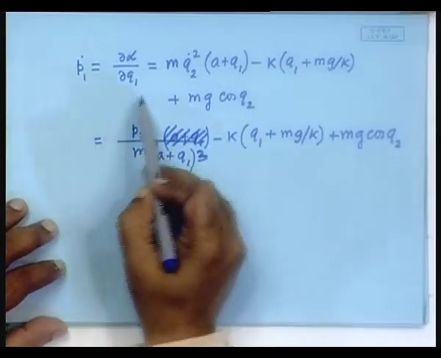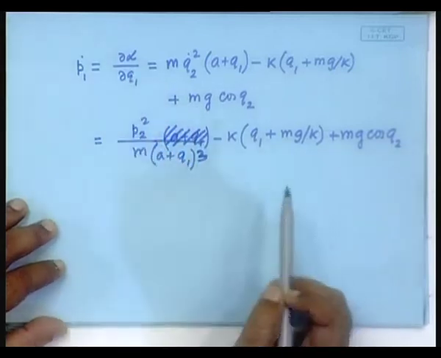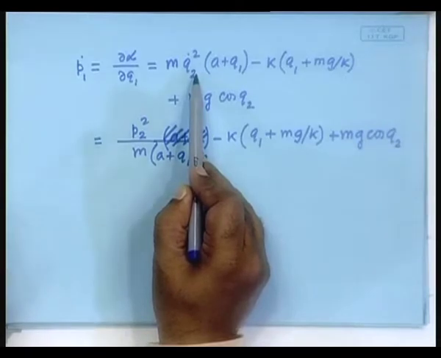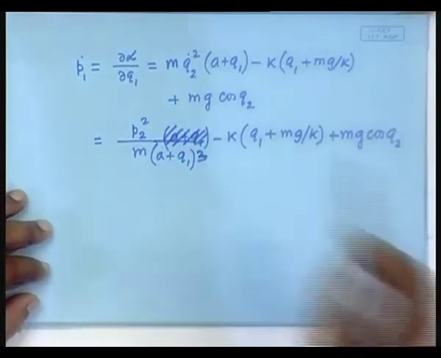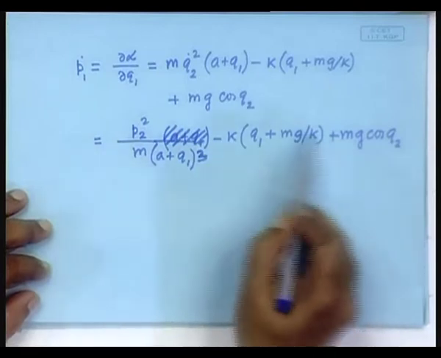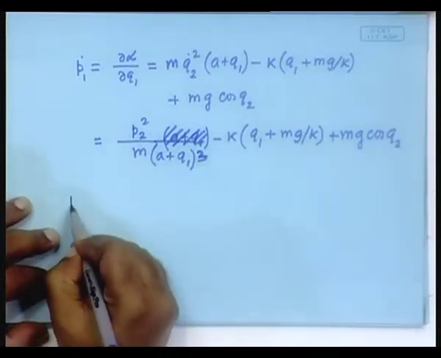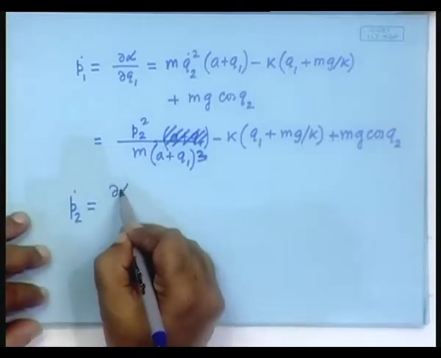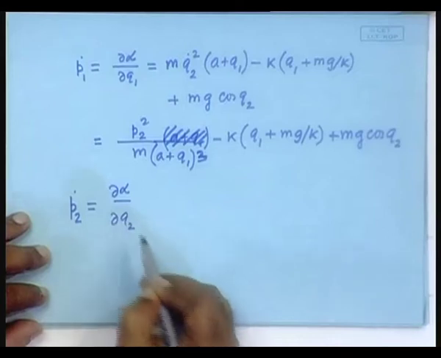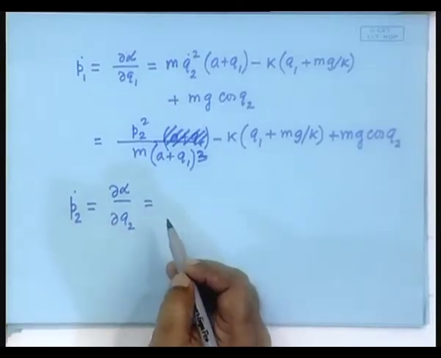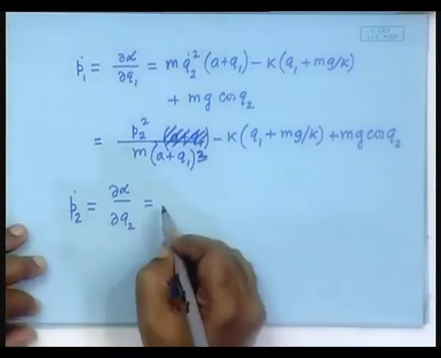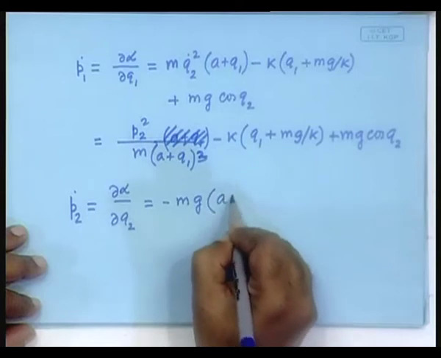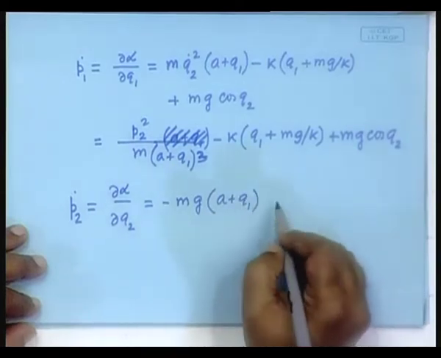We had already derived this right hand side, but here a q 2 dot appeared, which should not appear in the right hand side of a differential equation. So, we substitute q 2 dot from there, and then we got the final equation. Similarly, p 2 dot is the derivative of the Lagrangian with respect to q 2, which you already have, it is minus m g a plus q 1.